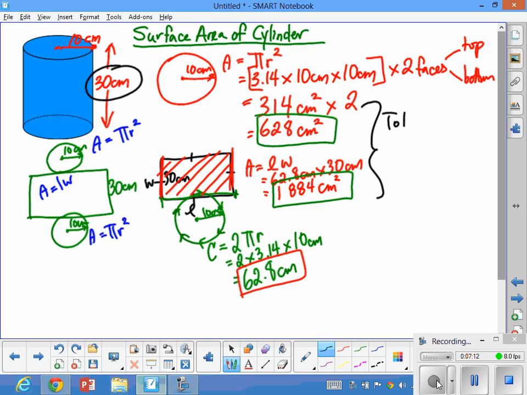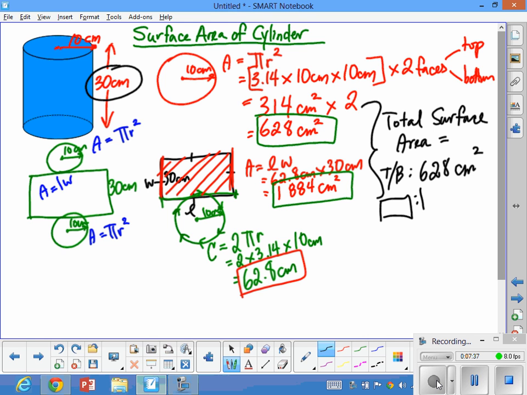So total surface area is going to be equal to the top and bottom faces, which are 628 centimeters squared, and the label, the rectangle, which is 1,884 centimeters squared, to give us a grand total of 2,512 centimeters squared. So this is the total surface area of the cylinder.